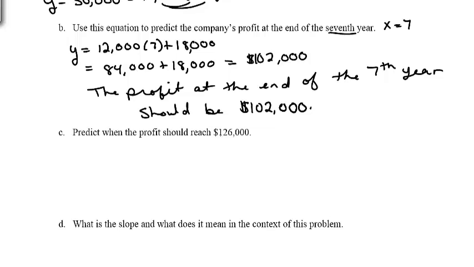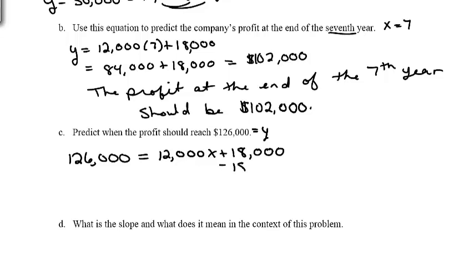So now they've given us profit, which is the y value. So this 126,000 is y, so we're going to replace the y with 126,000. So we get 126,000 equals 12,000x plus 18,000. To solve this, we're going to subtract the 18,000 from both sides.